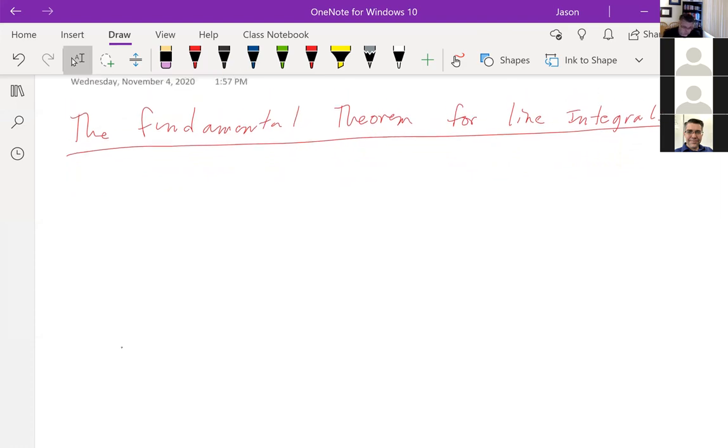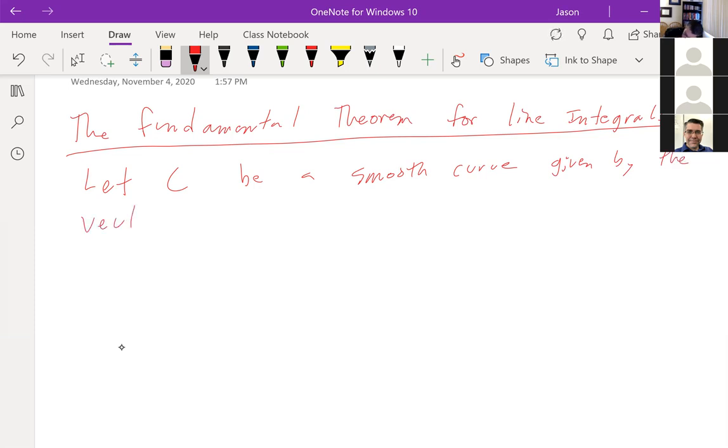Okay, fundamental theorem of line integrals. Let C be a smooth curve given by the vector function r of t, where t goes from a to b.